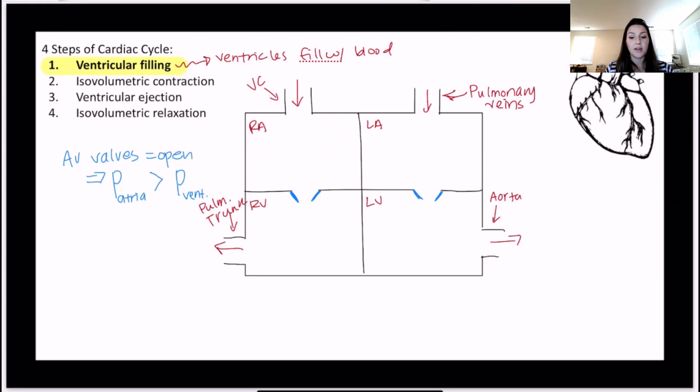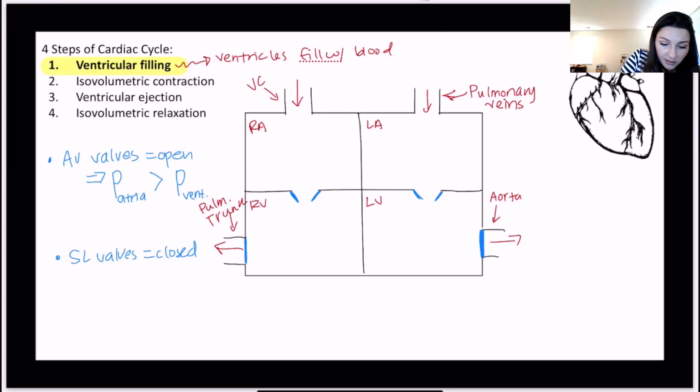The other thing that's happening here is that our semilunar valves are closed. So AV valves open and the semilunar valves are closed. And the reason for this is because the pressure in the ventricles is smaller than the pressure in the aorta or the pulmonary trunk.